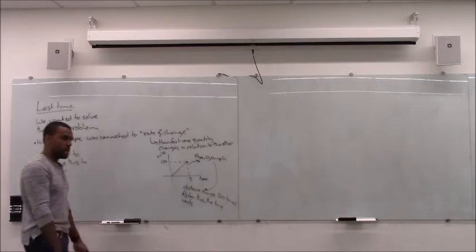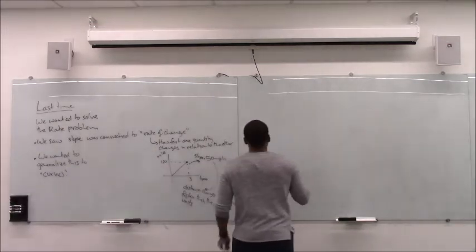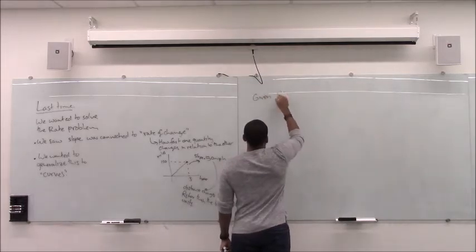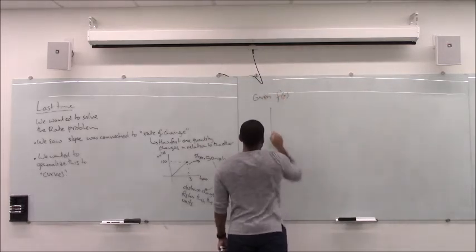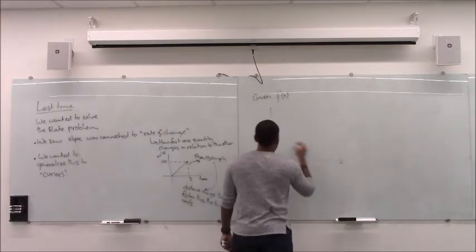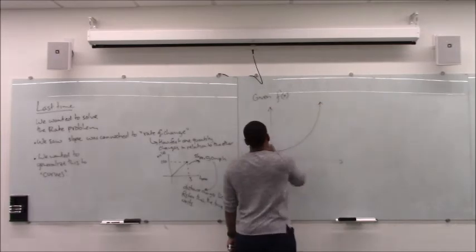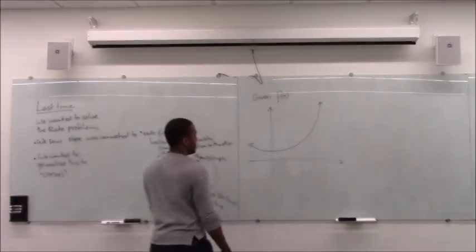How can I compare rates of change? And so given some f of x, and this was some curve, let's just make it one easy curve like that, just for simplicity.